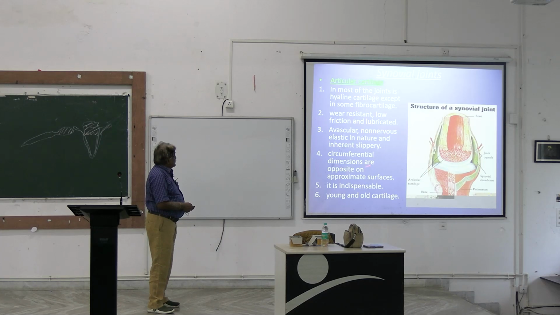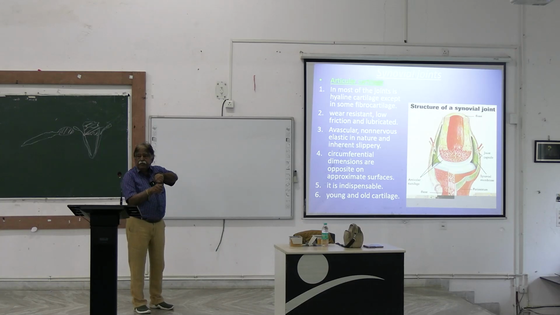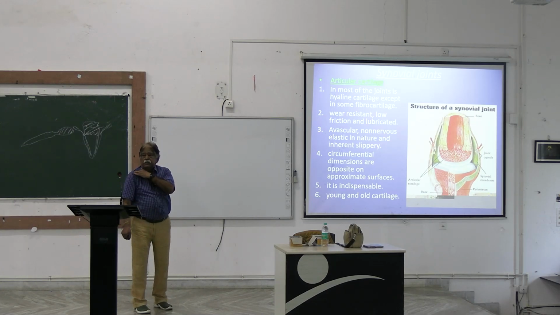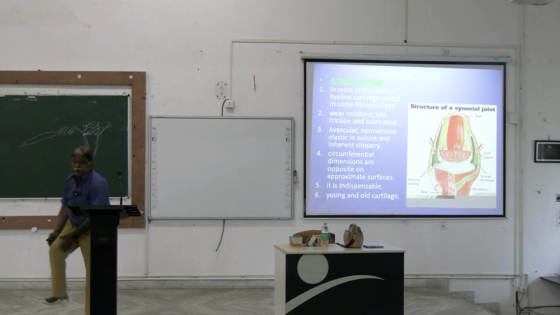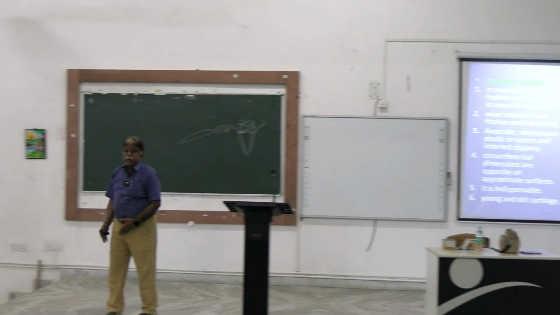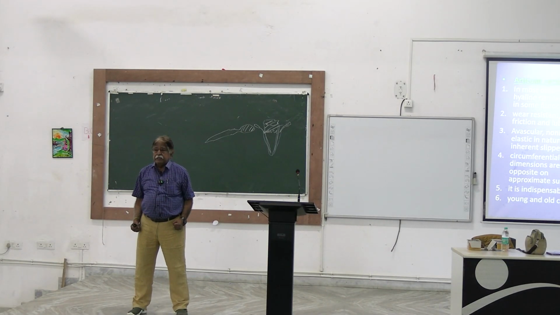Opposite dimensions are opposite or approximate surfaces. The two bones are here, like this. Now, this is the lower end of the femur, this is the upper end of the tibia, but if this movement is there, but not, because it has to give ligamental support, and the capsular ligament and all that gives you, you're standing like this. See, I am a weightlifter.